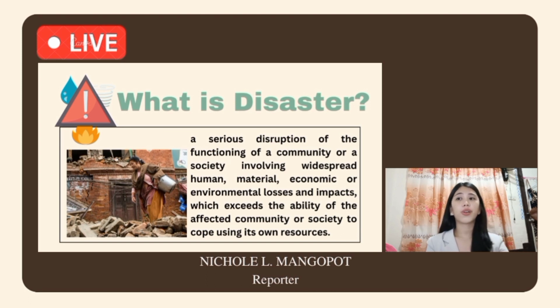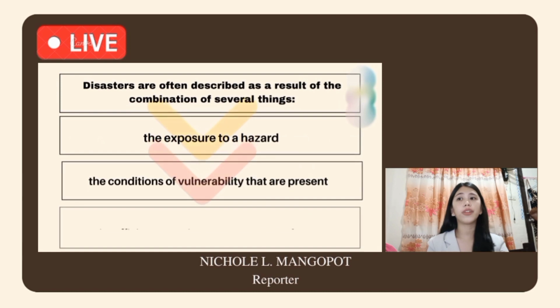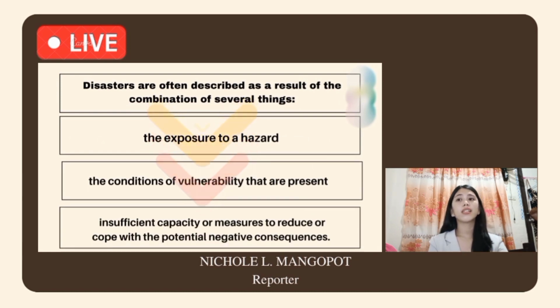Disasters are often described as a result of the combination of several things: the exposure to a hazard, the conditions of vulnerability that are present, and insufficient capacity or measures to reduce or cope with the potential negative consequences.